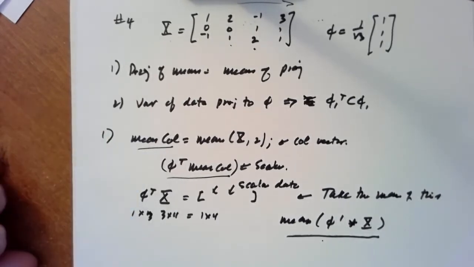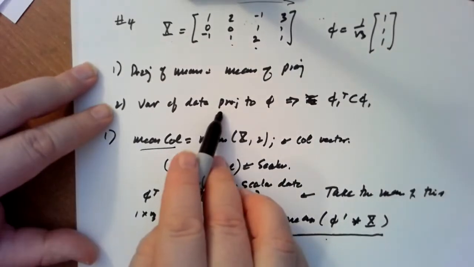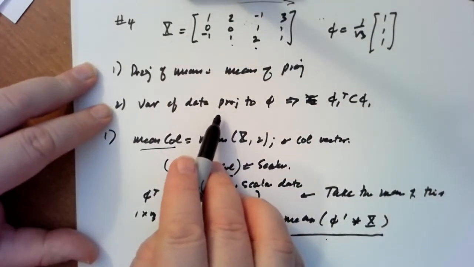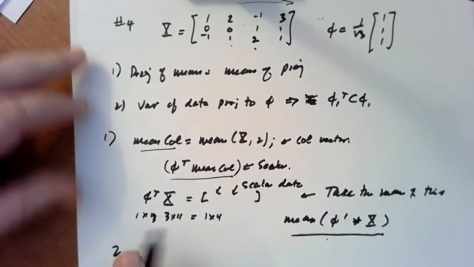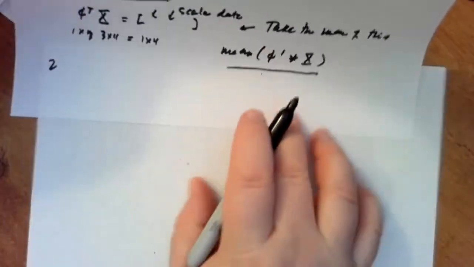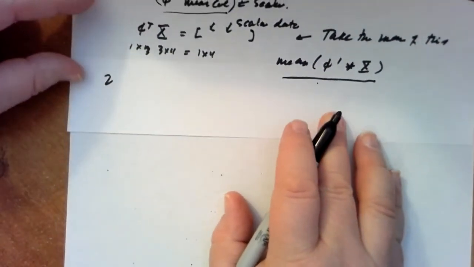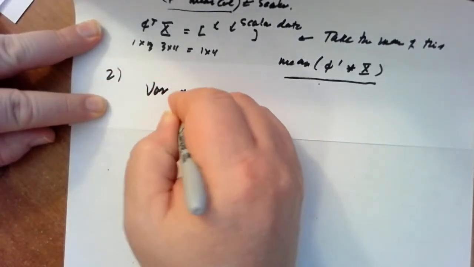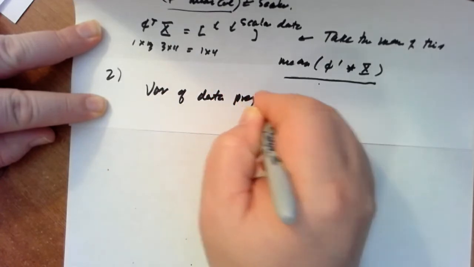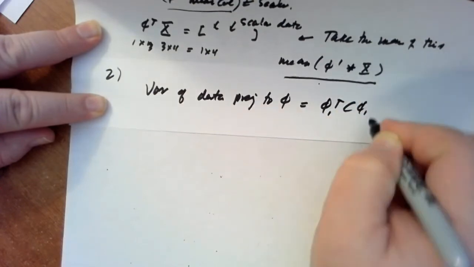Good. So how do you take the variance of the projection? Well, in this case, I would go ahead and mean subtract the data first. So for number 2, we want to show that the variance of the data projected to phi is equal to phi 1 transpose C phi 1.